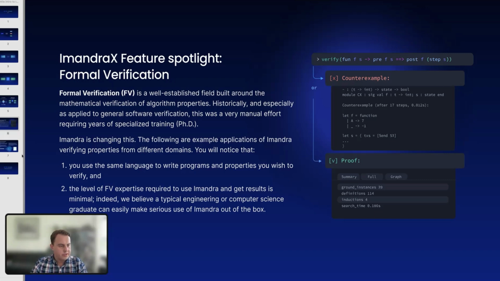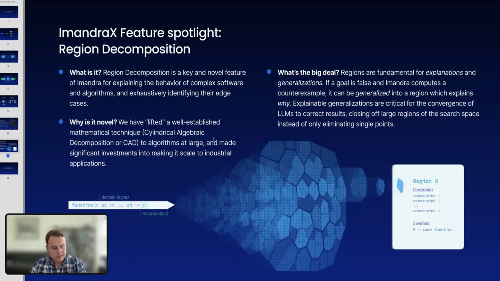The second important feature, and this is the one that pertains to the question we're asking all those tools, is something called region decomposition. Region decomposition takes a model written in IML and automatically generates a number of edge cases that describe the state space of that model.